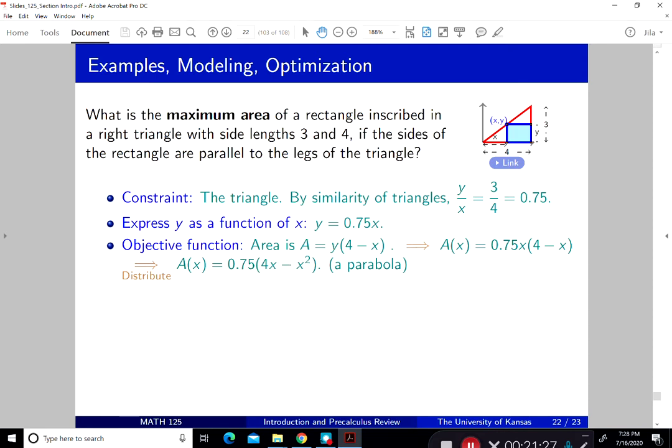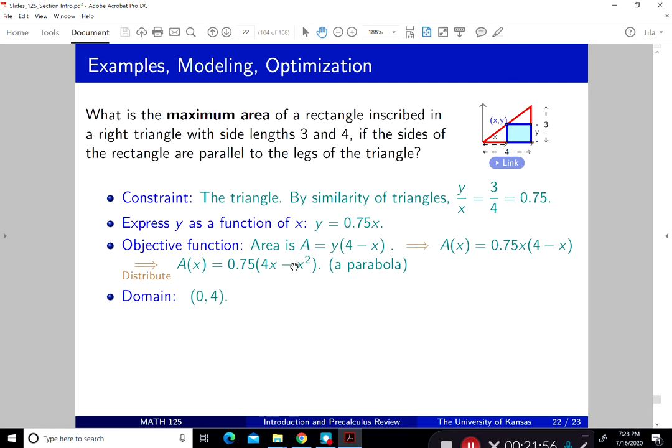The coefficient of x squared is negative, times that 0.75 multiplies through also, and so it's negative 1 times 0.75. And this negative coefficient for x squared means the parabola is looking downward. Therefore, the parabola has a maximum at its vertex.